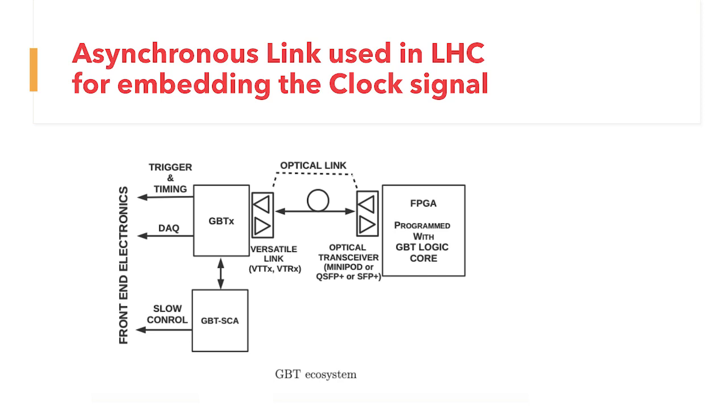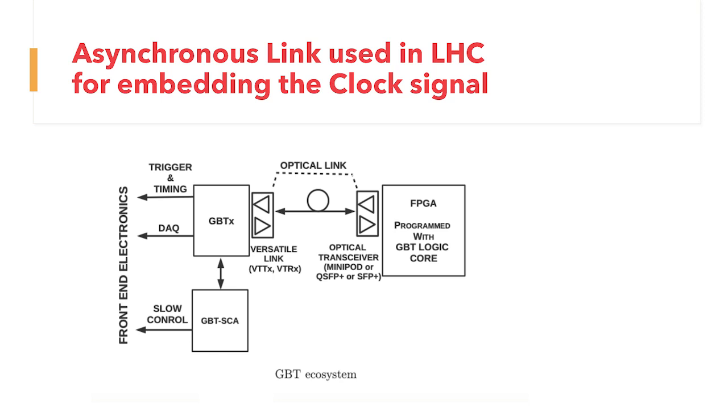One is the timing and trigger acquisition part, where data and timing are mixed in this block. This is radiation hard electronics placed very close to the detector. And this is the GBT slow controller block, which takes the control information.